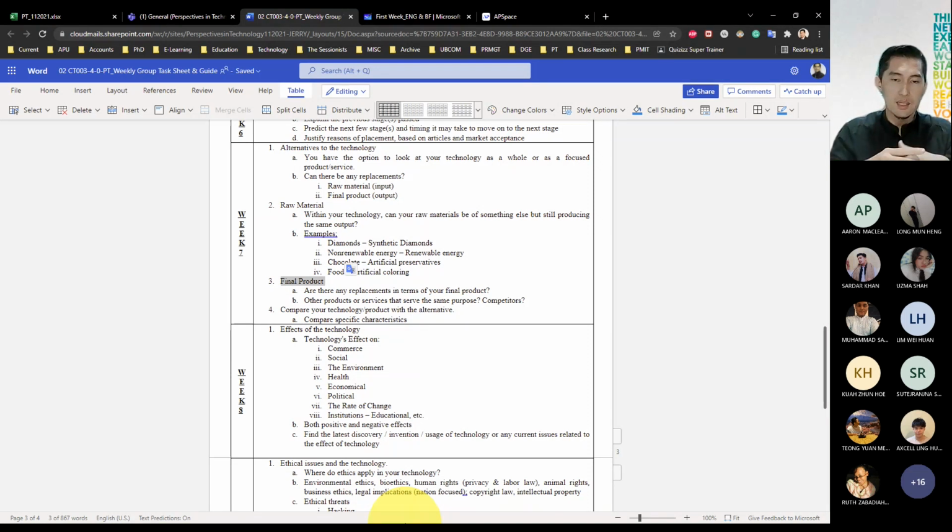And I highlighted this as well to say that it is okay for you to identify alternatives which are better than your technology. It doesn't show that there is a weakness and you have chosen the wrong technology or the wrong company to research into. There's no such thing. So it's totally fine for you to identify an alternative which can be better than your own company and technology.